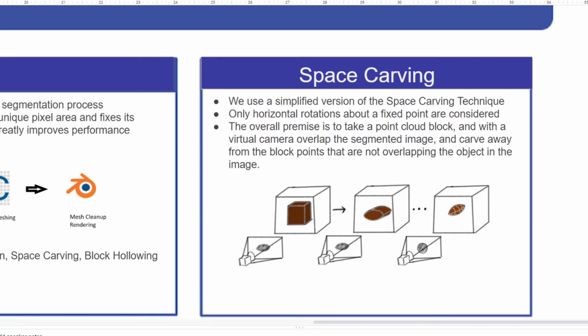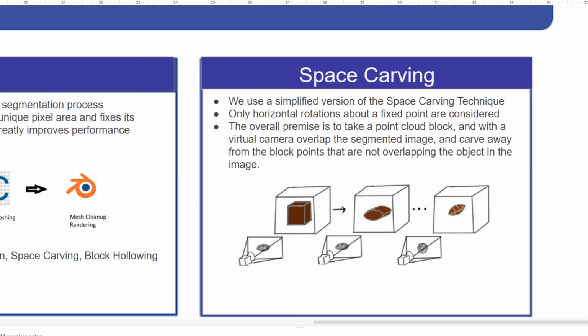The overall premise, as you can see below, is to start with a cube. That brown cube would be a point cloud volumetric cube, not just a surface area box. Then you can see the virtual camera has this football image. What we're going to do is project the cube onto the camera, and then we overlay the football image and see where the football is and where the background is.